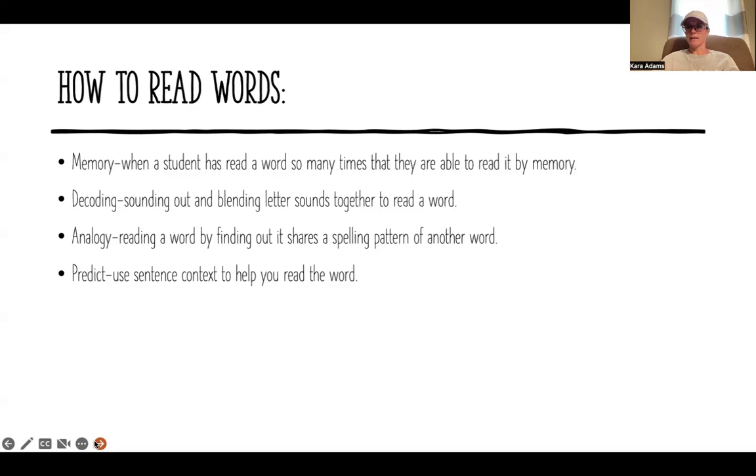Decoding, again, is taking those letters and sounds together to read a word. Analogy is finding a word that has the same ending sound as another word, and then just figuring out the beginning sound or the ending sound. And then predicting is just using their context clues in the sentence to help them read the word.